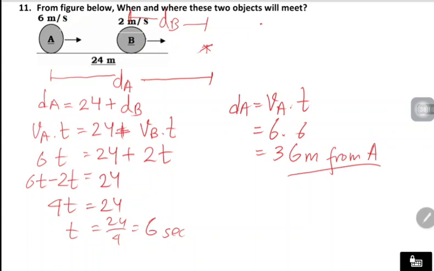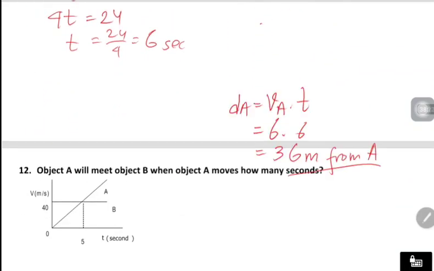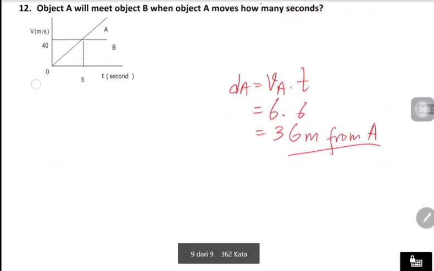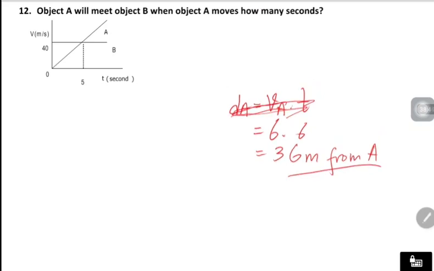Next question, number 12. Object A will meet object B when object A moves how many seconds?